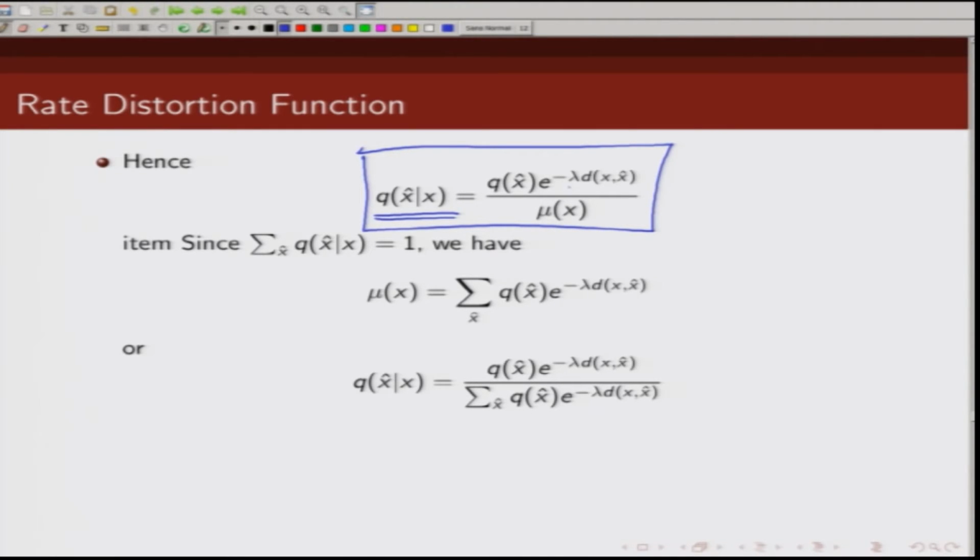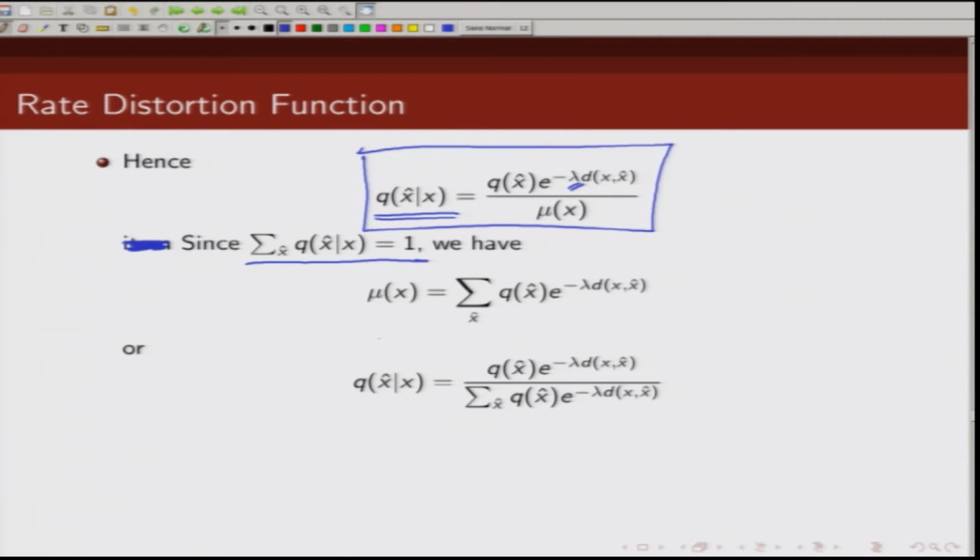Now, we do not know lambda, but we know that the summation of q of x hat given x is equal to 1.